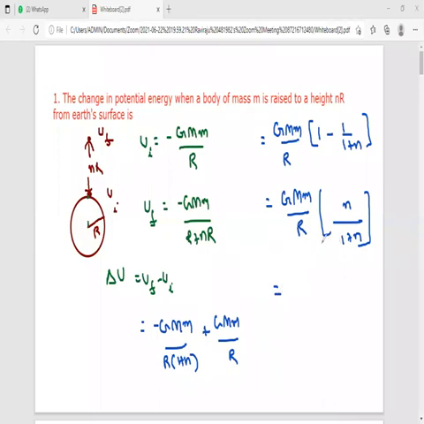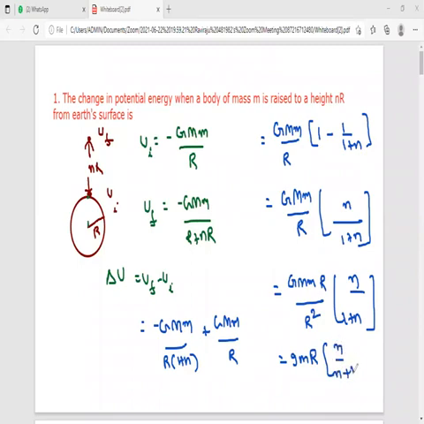But sometimes they may ask us the question in terms of small g only. To write in terms of small g, we multiply and divide with capital R. Then GM by R square can be taken as small g only. So small g m R into n by n plus 1.